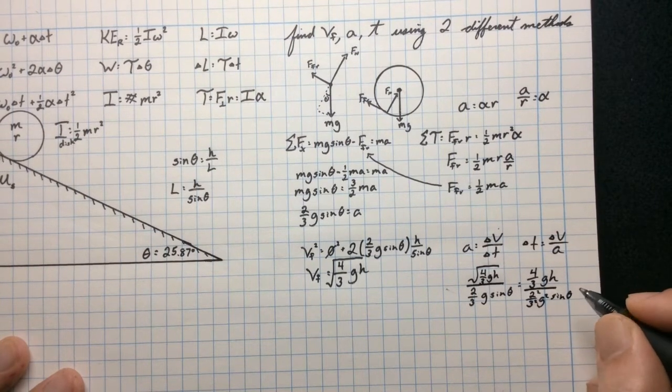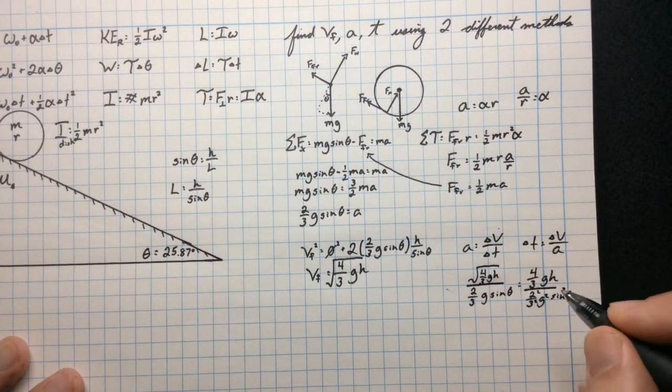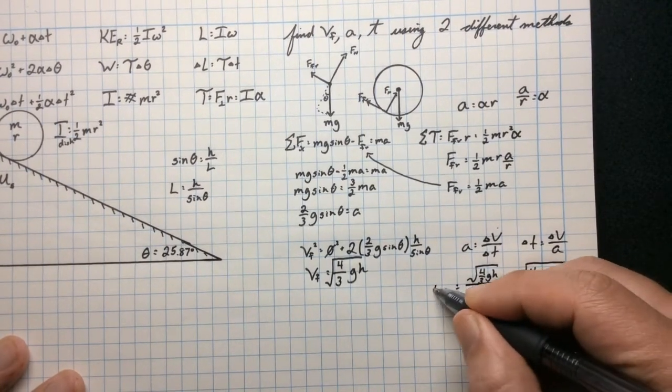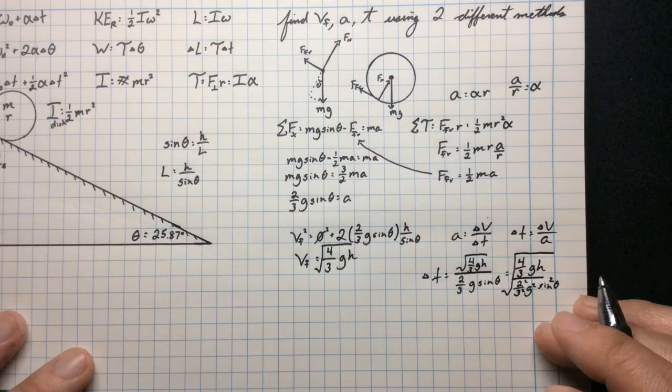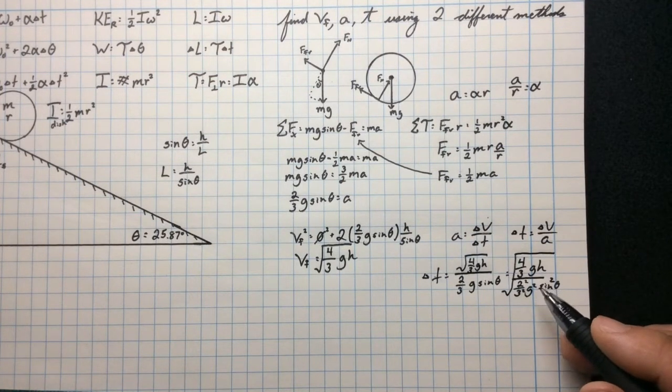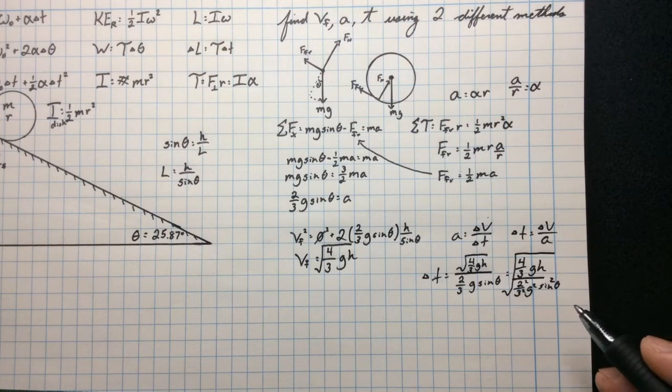Sine theta, this is where I would say, hey, just plug in numbers. And we'll just say it's t. So you can reduce that if you wanted to. We have 4/3 divided by 4/9, I guess. And then one of the g's is going to cancel out. We got a sine squared on the bottom.